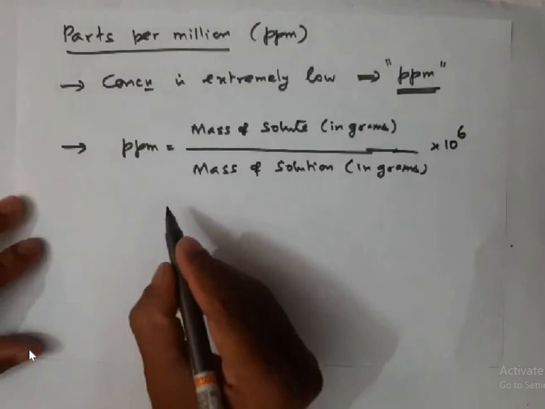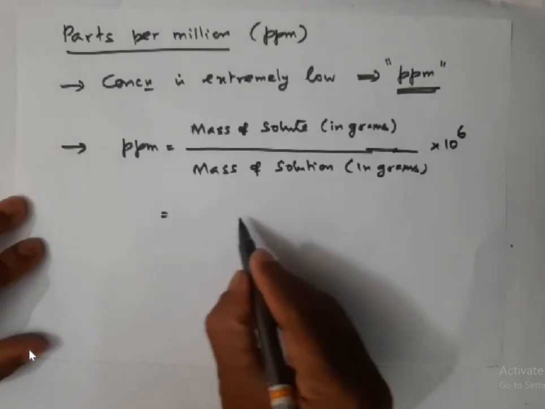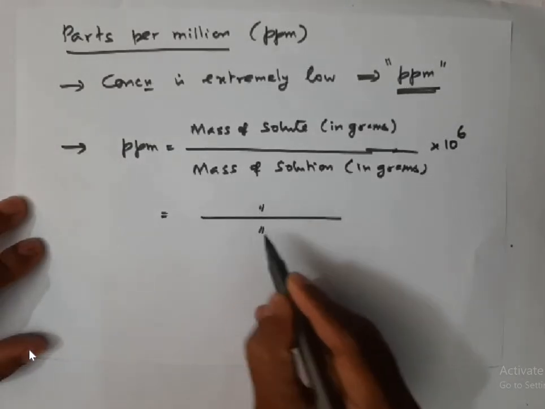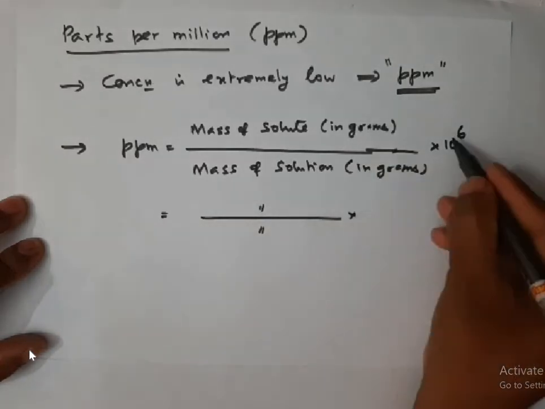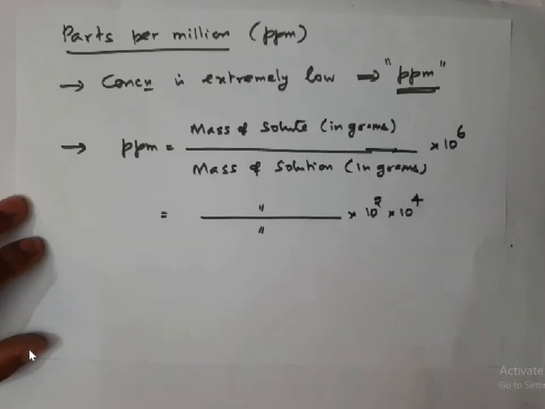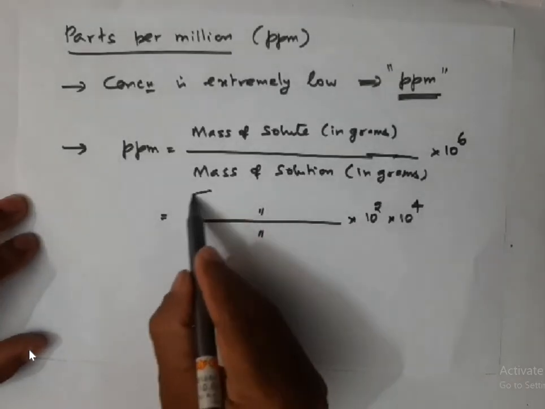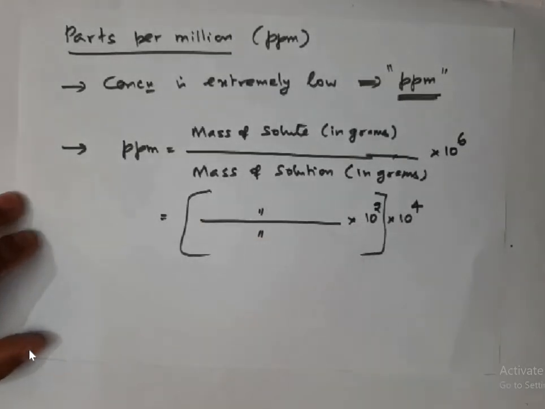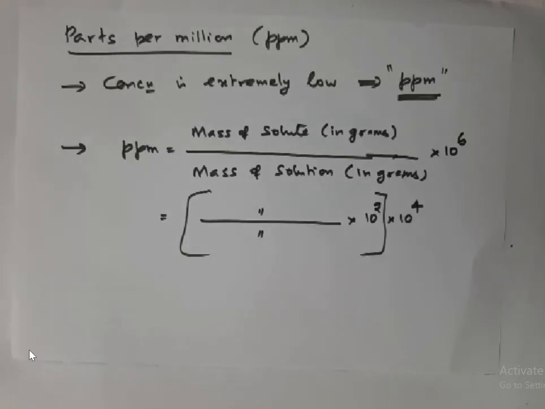I'll keep this quantity as such, numerator and denominator, and separate this into 10 power 2 into 10 power 4. What is this term? We have seen this in the last class.